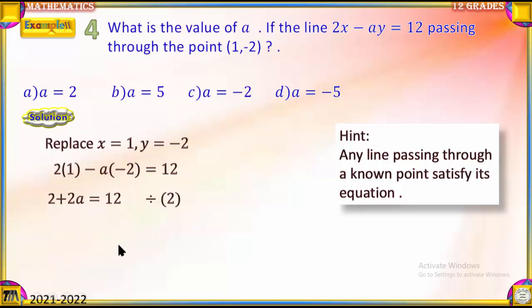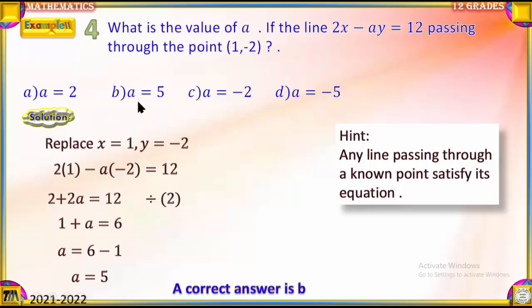Dividing by 2, 1 plus a equals 6. Take 1 from left to right, then a equals 6 minus 1, a is 5. We can see the correct choice is B.